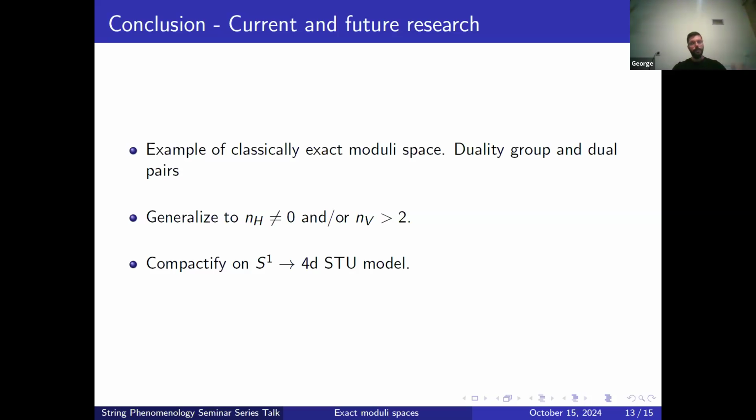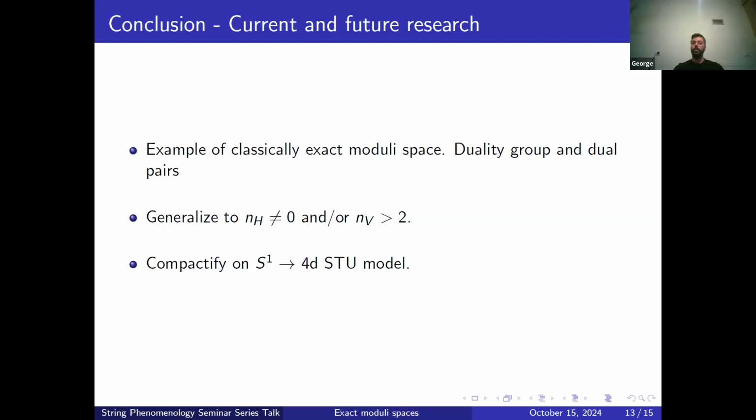And finally, one natural thing to consider is to compactify these theories on a circle and see what happens there. For the model that I presented with 2 vector multiplets, upon compactification on a circle, we get one more vector multiplet, and we have 3 complex scalars, which are usually denoted by S, T, U. So this is an STU-like model. Now, in 4 dimensions, the vector multiplet moduli space will be described by the prepotential.